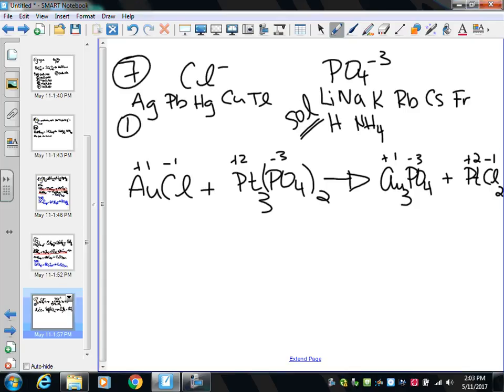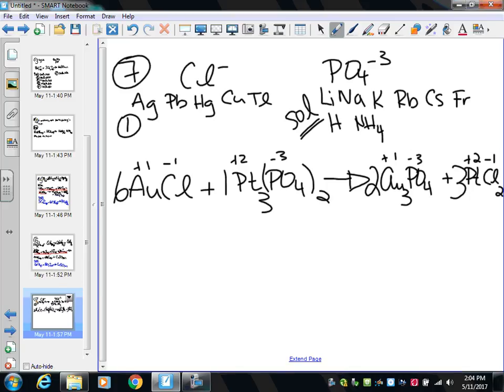Then I need to balance this large equation here. So I have 2 phosphates, 3 and 3 gives me 6 for my chloride, 6 over here for that, and there's 6 gold, so I believe that we're balanced like this, unless I made a mistake.